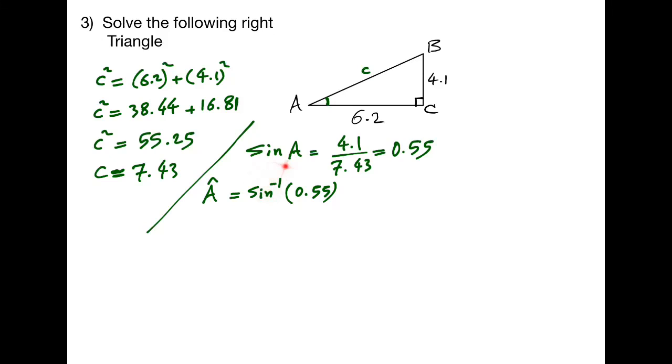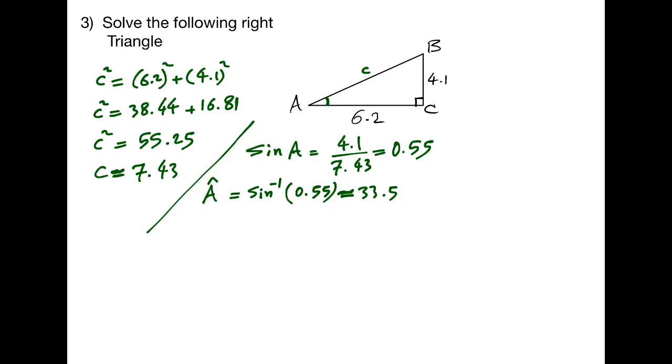If you have cosine of A and you want to find A, use cosine inverse, or tangent inverse. They're all the same. If you use your calculator, you will see that sine inverse of 0.55 is about 33.5, and that's the approximate value of angle A.